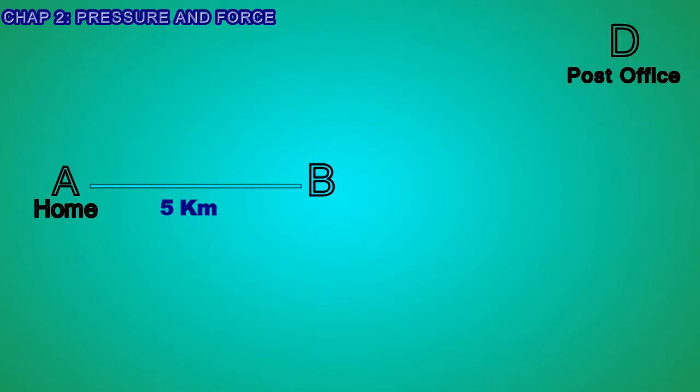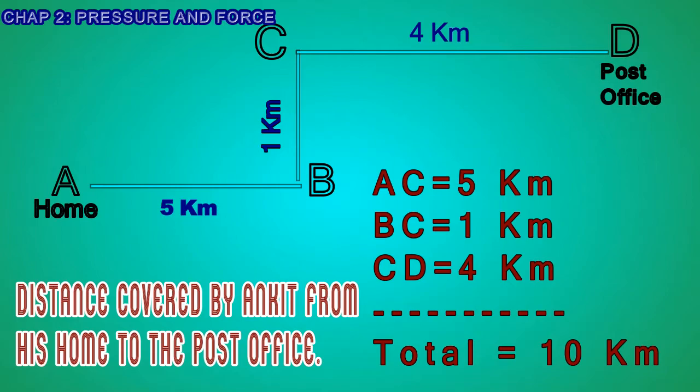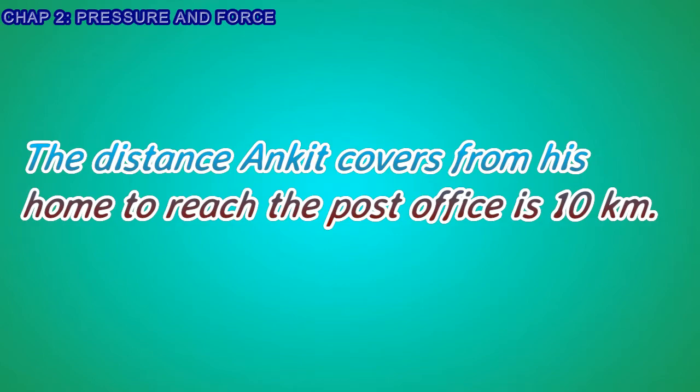Ankit has to reach the post office at point D from his home at point A. He does not know the direction to the post office. He covers the distance A to B, then B to C, and then C to D to reach the post office, which is 10 kilometers. Thus, the distance Ankit covers from his home to reach the post office is 10 kilometers.